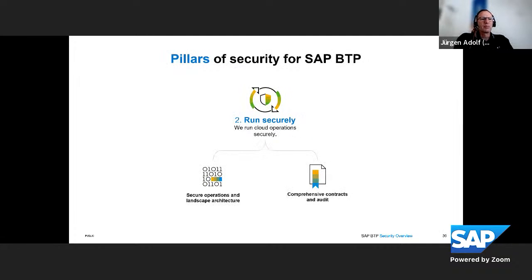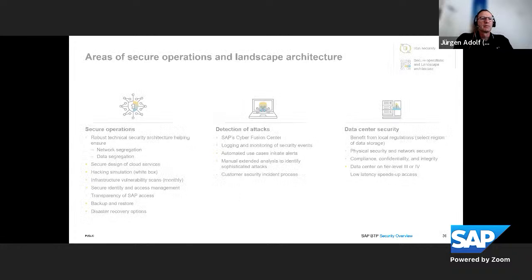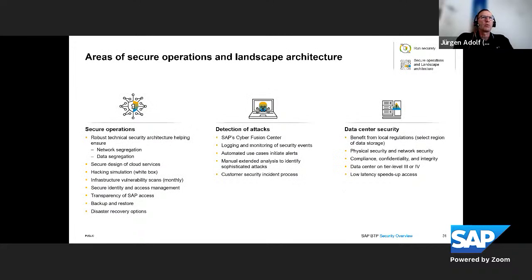So now let's come to the second pillar, run securely. What we do to run our applications securely on BTP. There we have the areas of secure operations and landscape architecture.